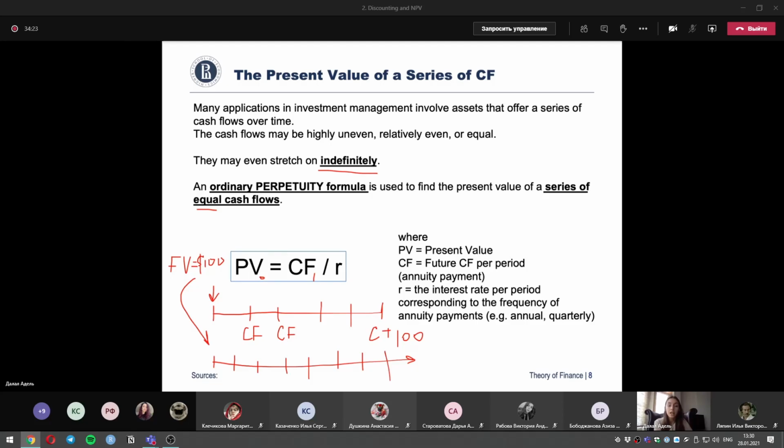You see, as there's no maturity of this bond, we don't have this date. We do not receive this $100 back. We receive only this interest. This is the difference.